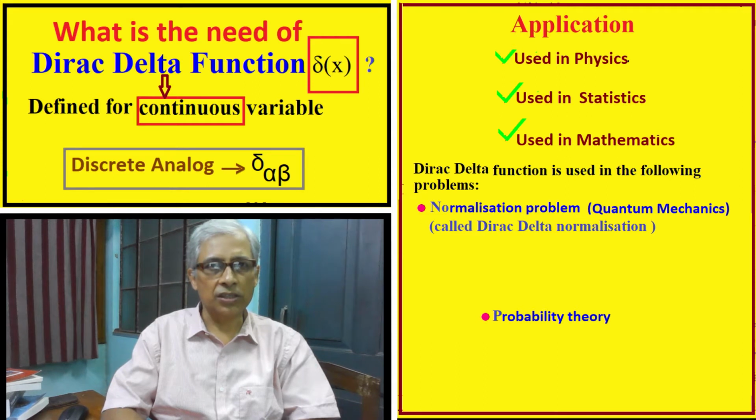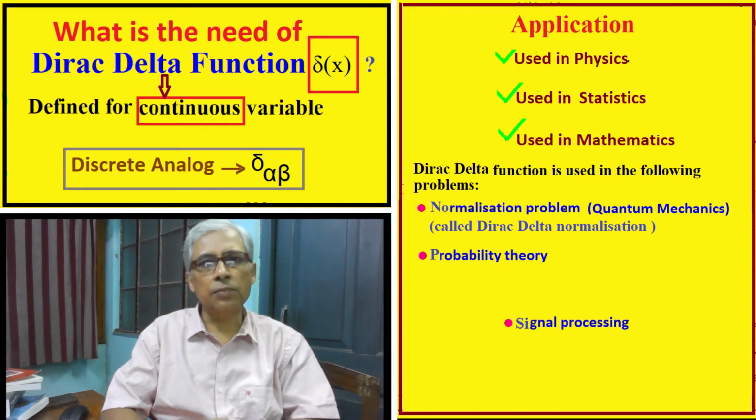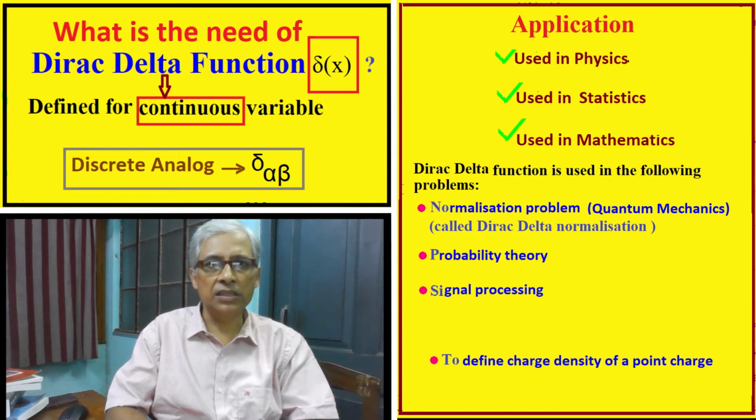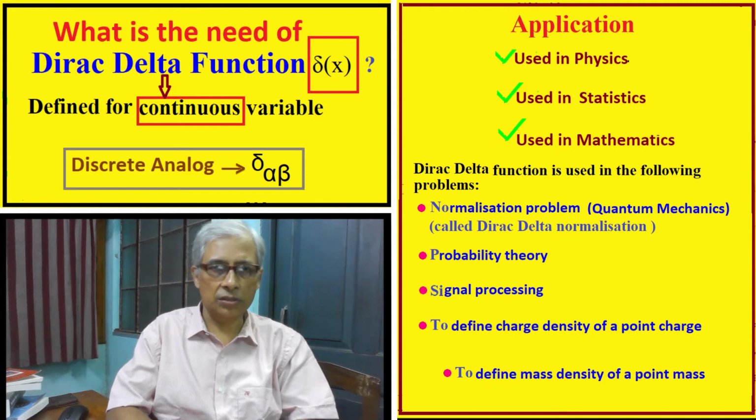Dirac delta function is also used in the theory of probability. To discuss signal processing, we require Dirac delta function. If we have a point charge, how can we describe or define the charge density? This can be done by using the Dirac delta function.